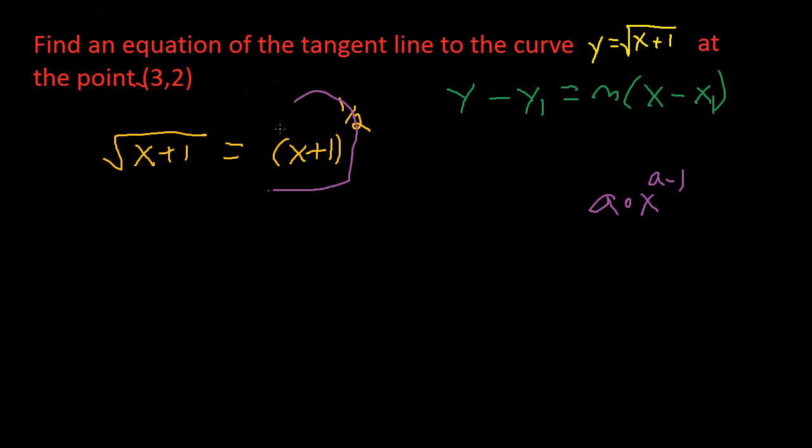So looking back at our actual problem here, the exponent is 1/2. We multiply that out front, 1/2 multiplied by x plus 1, and then we subtract 1 from the exponent 1/2, because that's what we have to do according to this rule, right? So 1/2 subtract 1 is going to give us negative 1/2.